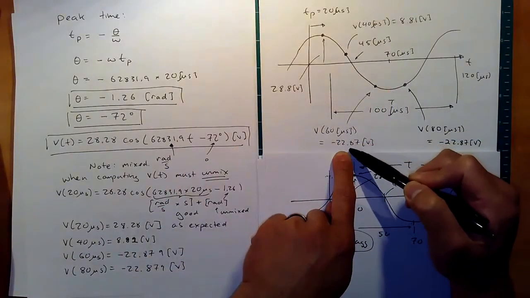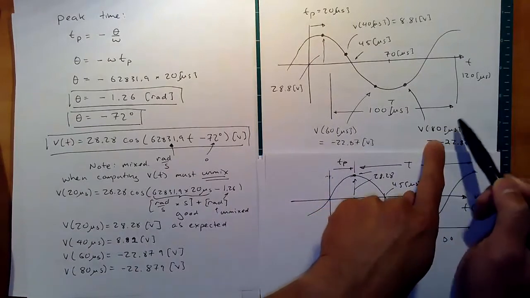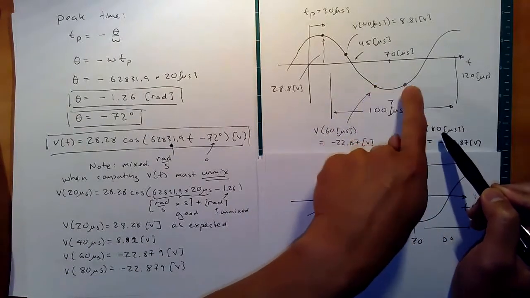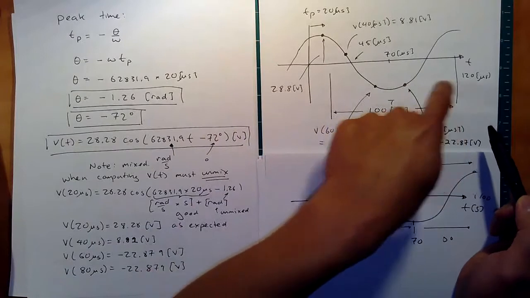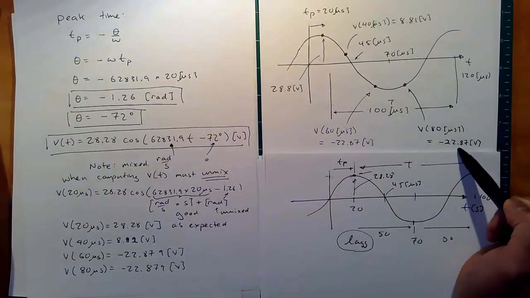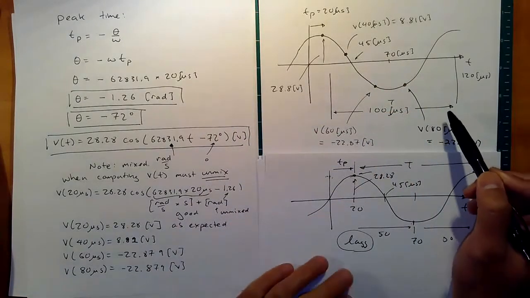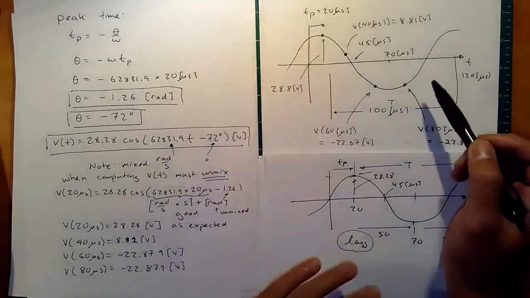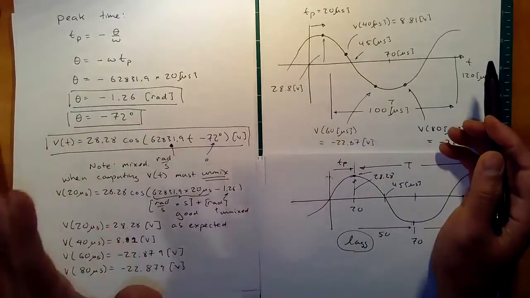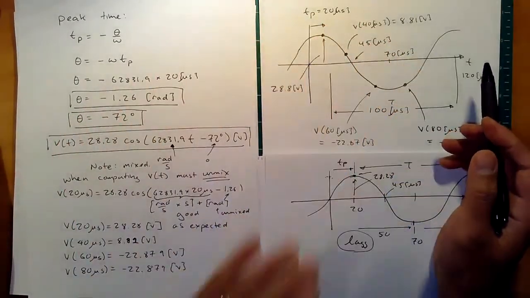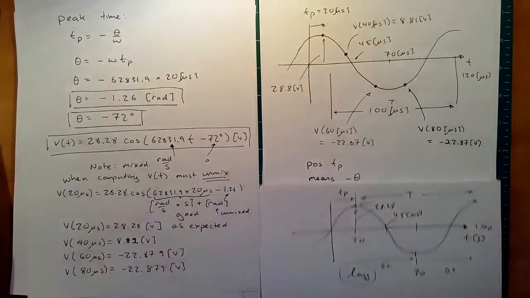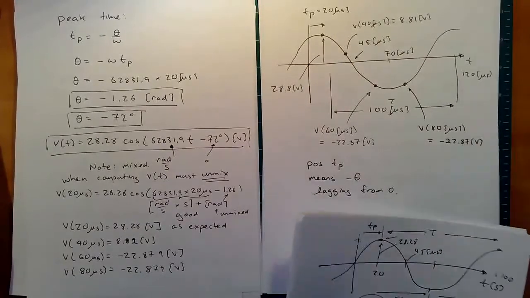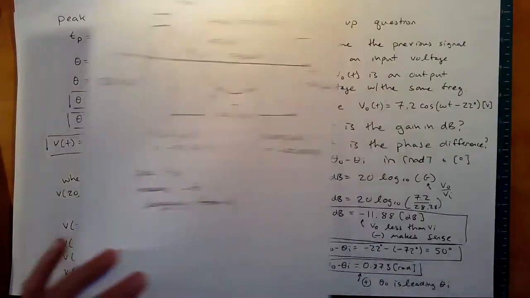I get negative 22.87. And then here at 80 and 60, notice they're at the same horizontal, and I'm getting again the same number, negative 22.87, right? So you can see that the values we're calculating are matching our physical intuition, right? Always you want to make sure whenever you calculate a number, does it make sense? Don't just calculate a number, say, yep, that's good, and move on. You want to be making sure that it makes sense.